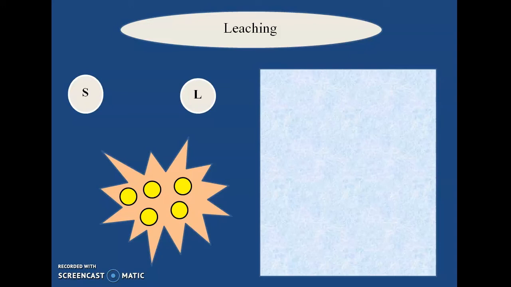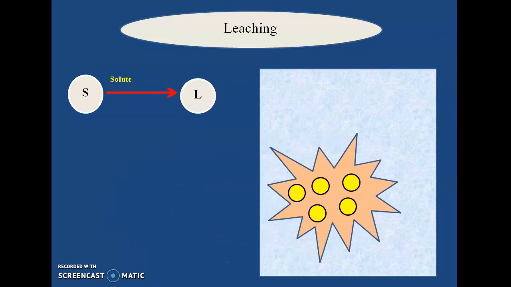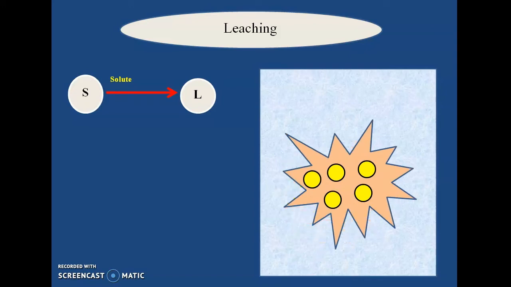When you bring this solid into contact with this solvent, what happens? Due to the solubility difference between solid and solute and liquid and solute, the solute particles are attracted to the liquid phase. So the solute particles transfer from the solid phase to the liquid phase.